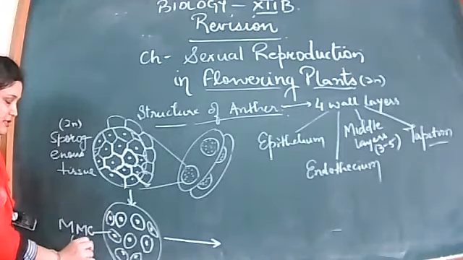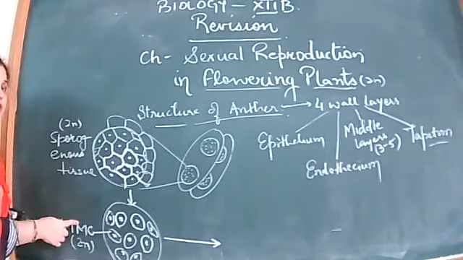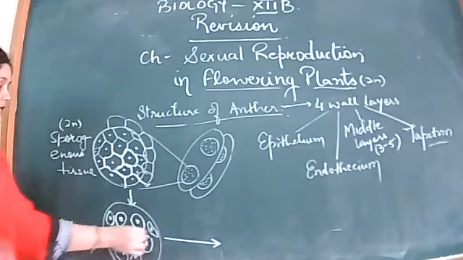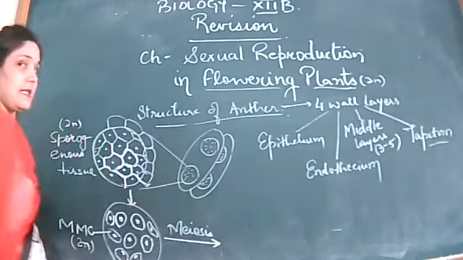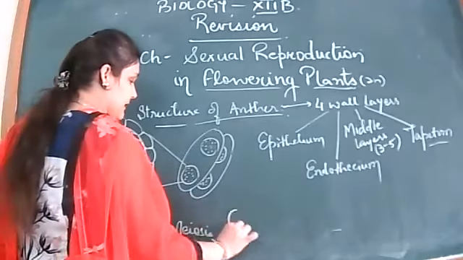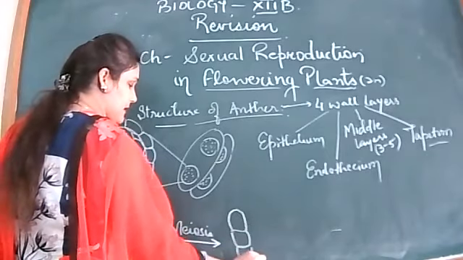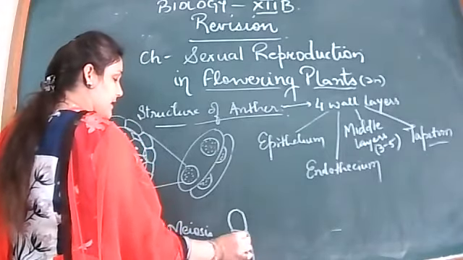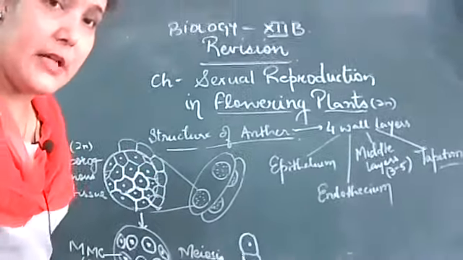So the microspore mother cell is the first structure in which meiosis will take place. Meiosis takes place within the MMC, the microspore mother cell, leading to each cell forming a structure like this, a linear pattern, making a pollen tetrad. This is the linear pattern of the pollen tetrad.